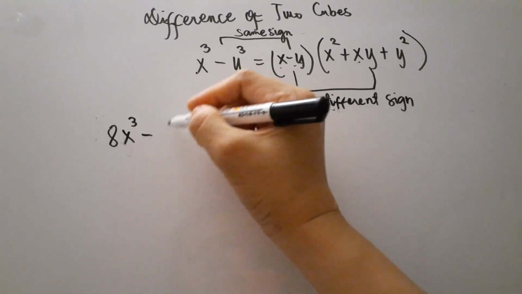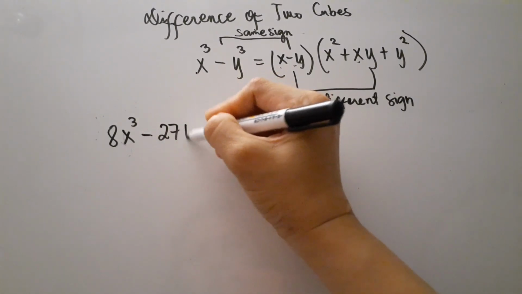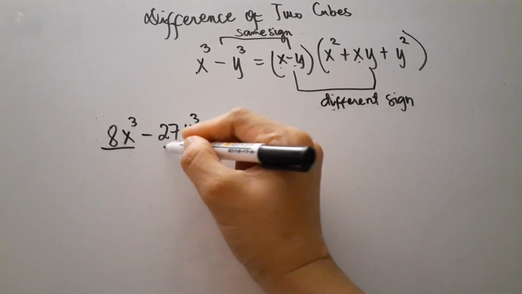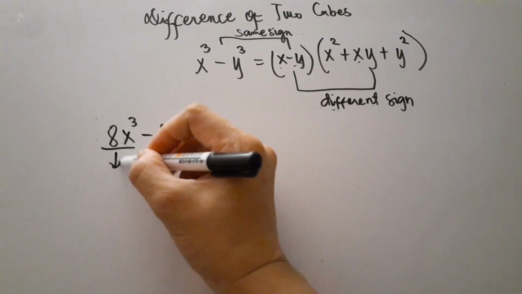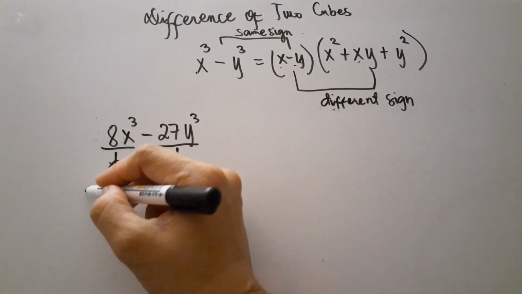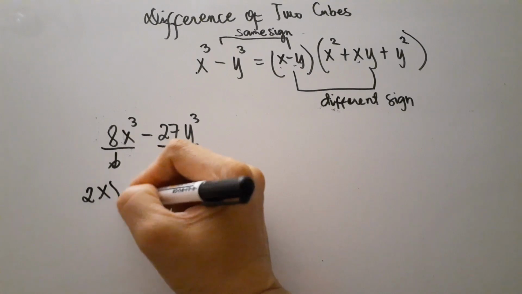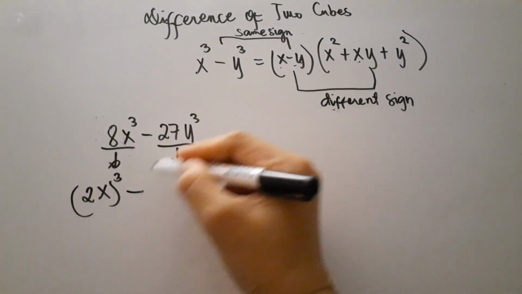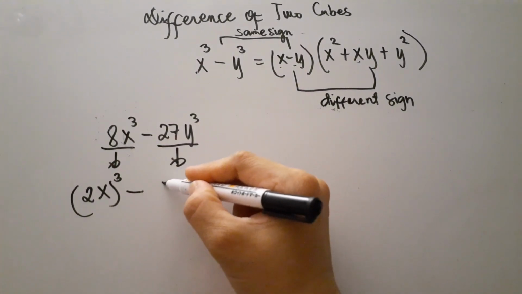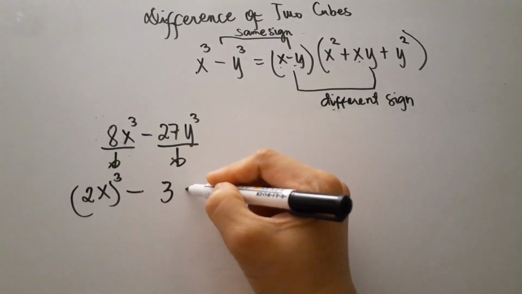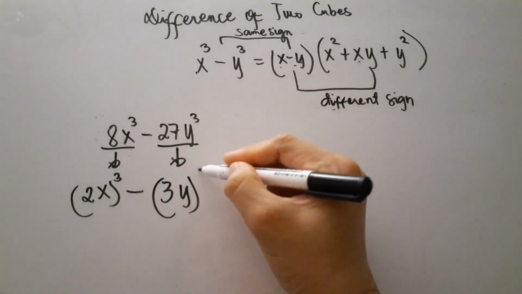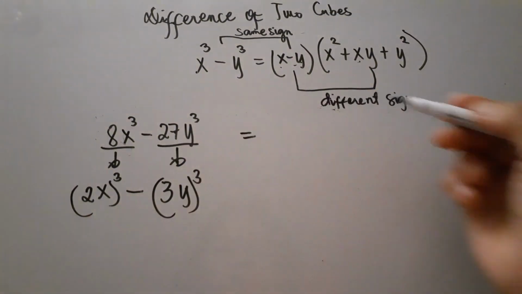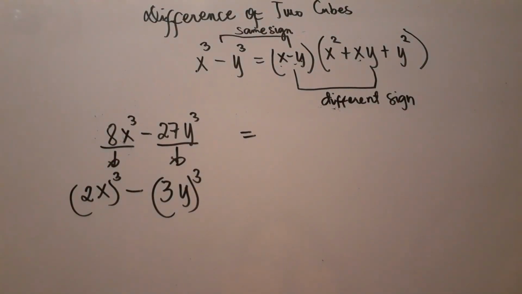And let's have another example. 8x cubed negative 27y cubed. Let's factor it out. 8x cubed becomes 2x cubed negative 3y cubed. Then we can have a factor of the first term.